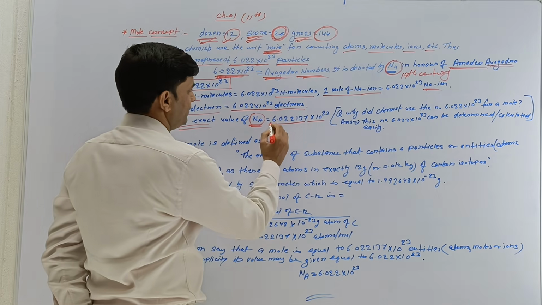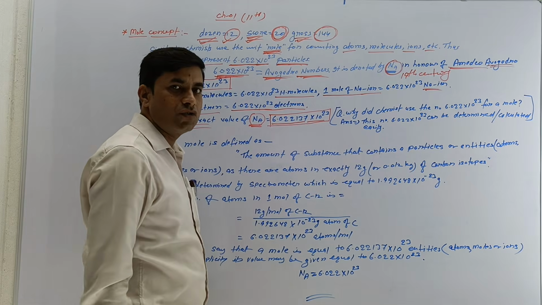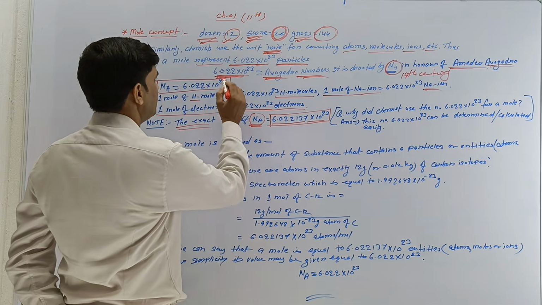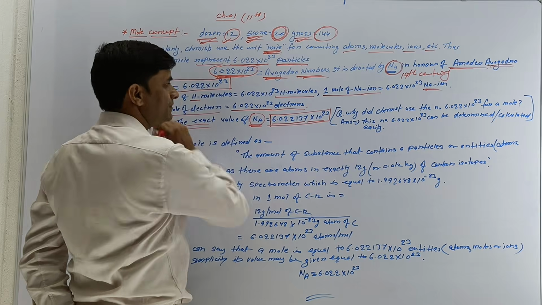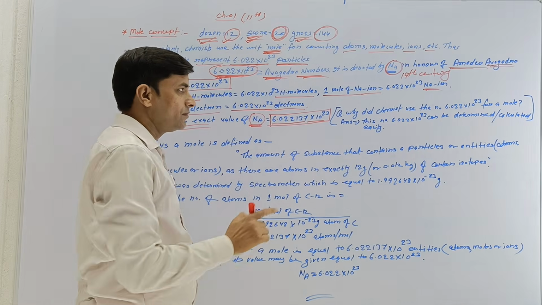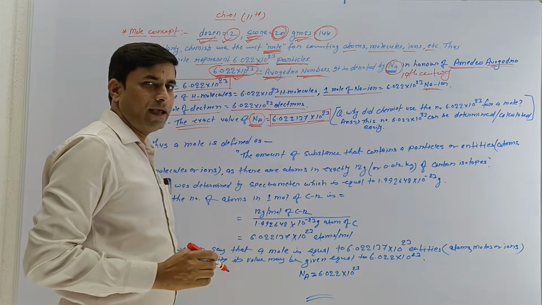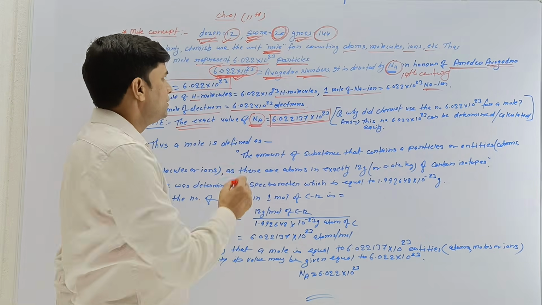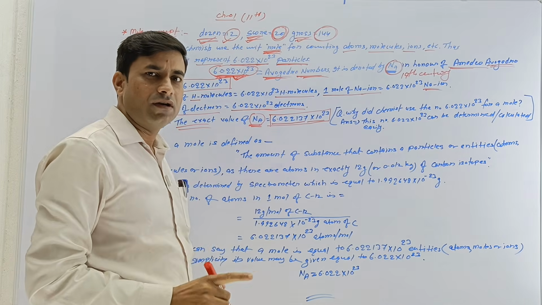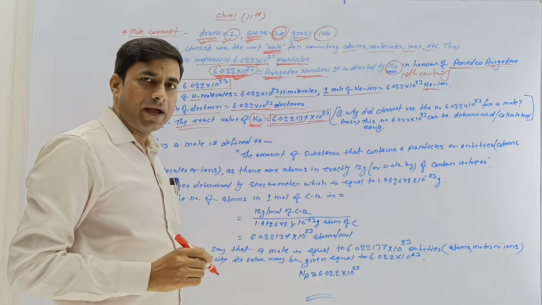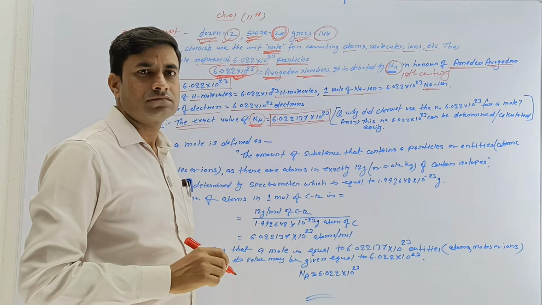If the Avogadro number's value is this, then why did scientists choose the Avogadro number as 6.022 into 10 to the power 23? Scientists chose this number because it can be determined or calculated easily.